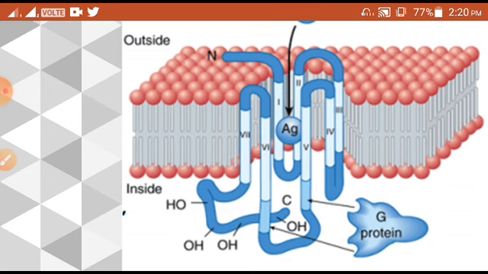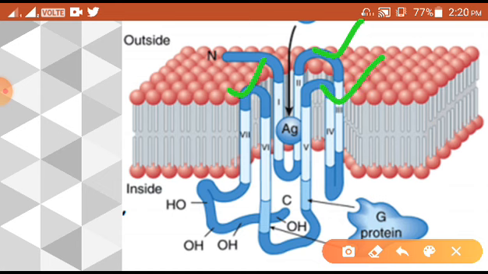If you see this structure clearly, you can find there are 3 extracellular loops, number 1, 2, 3, and there are 3 intracellular loops, number 1, 2, 3. Likewise, they have one free end at the extracellular side and one free end at the intracellular side.